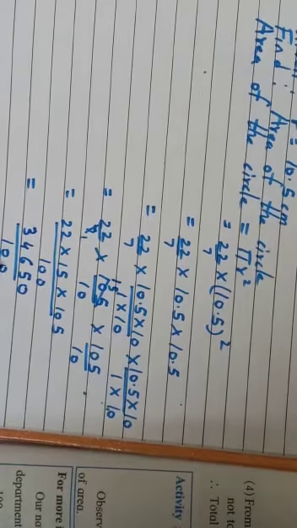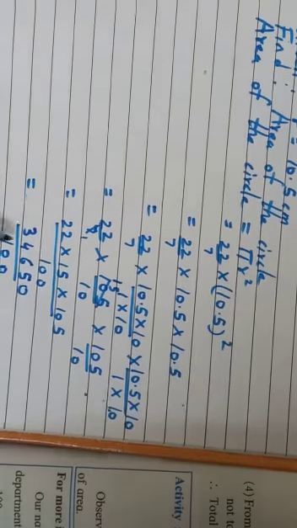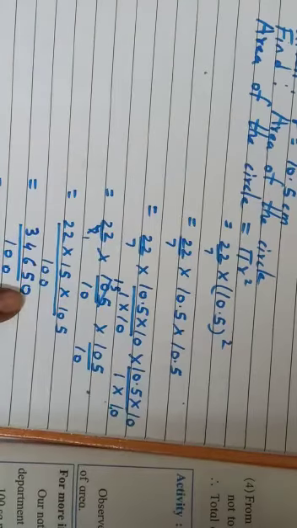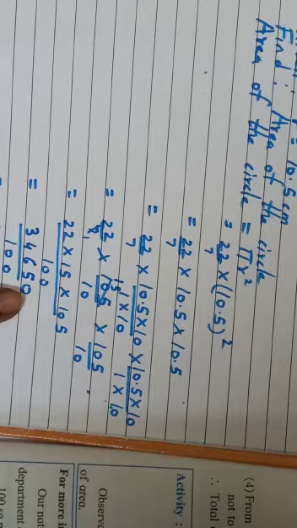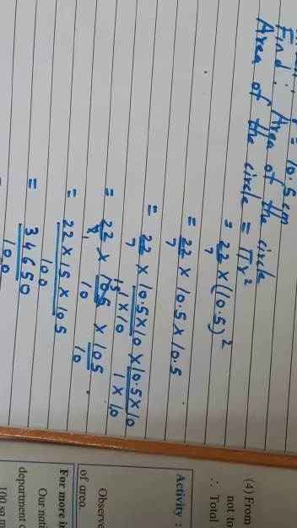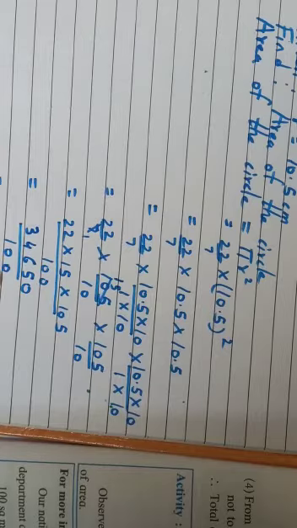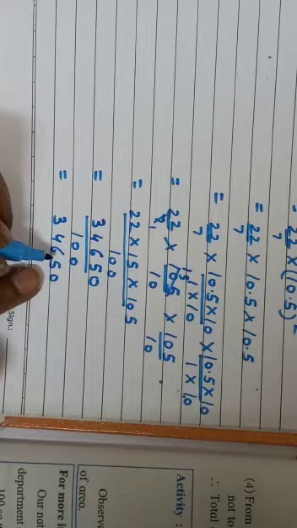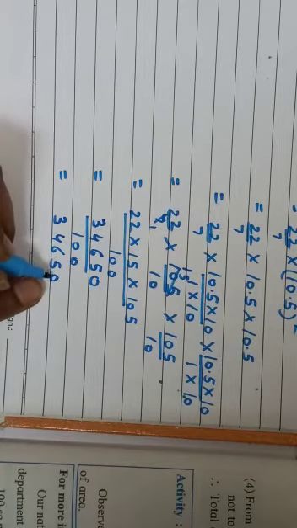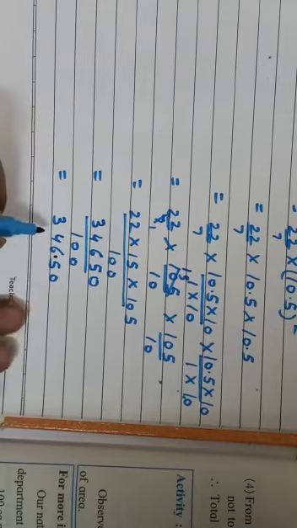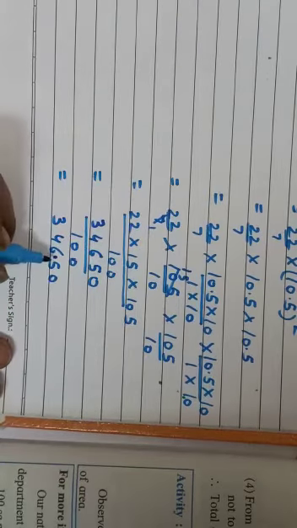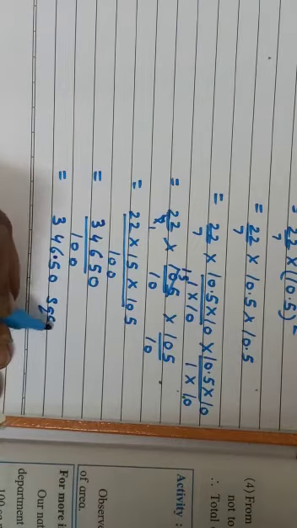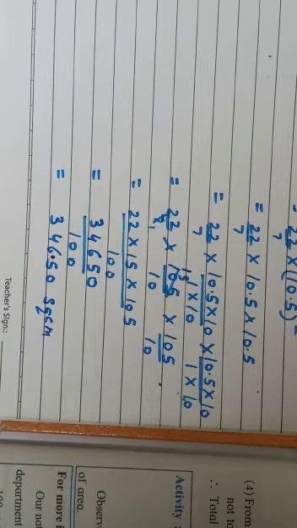Now 100 means there are two zeros, so after the decimal point there should be two digits. So we write the numerator 34,650 and put the decimal point after two digits, which gives 346.50 square centimeter. This way you have to solve the example. I hope you have understood it.